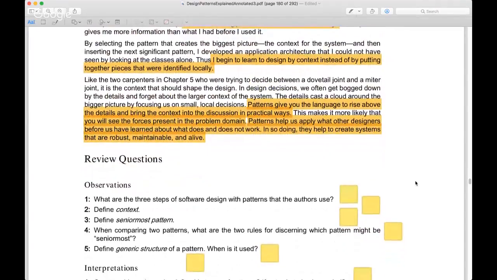By selecting the pattern that creates the biggest picture, that really solves a lot of problems, because with each layer you go down, you have a lot less detail to worry about. And so you can progress much more rapidly.